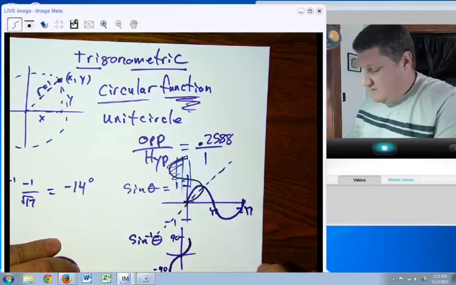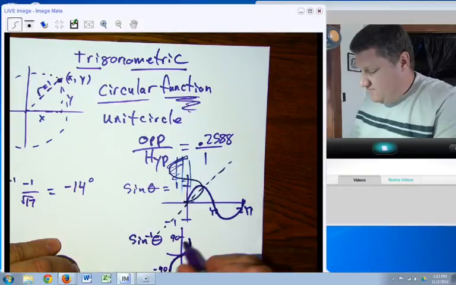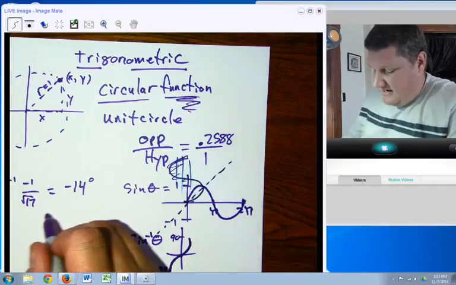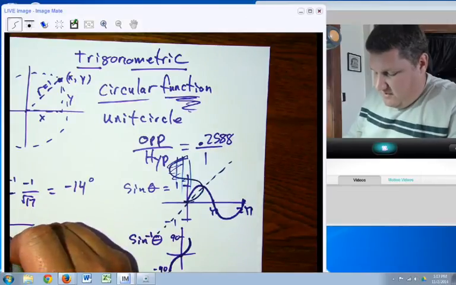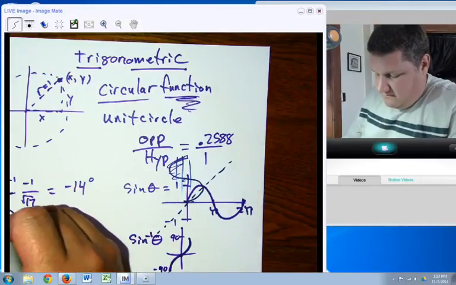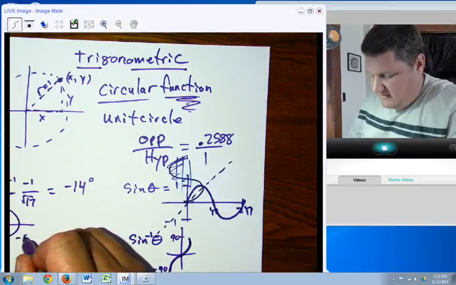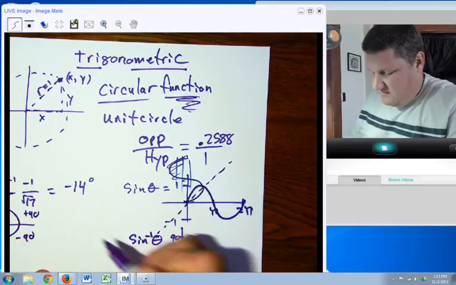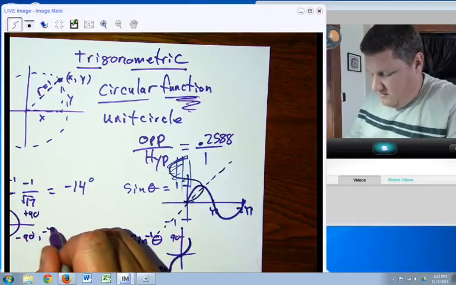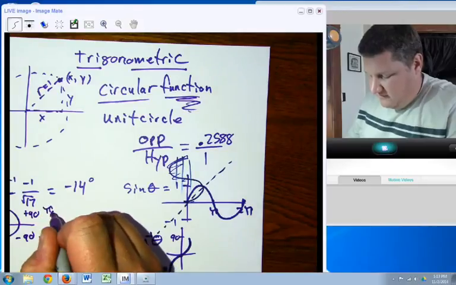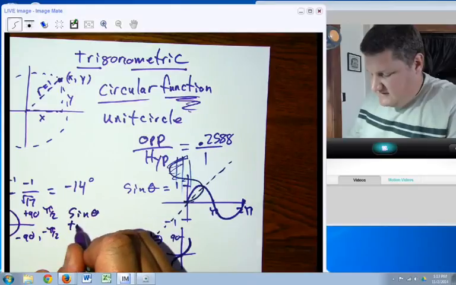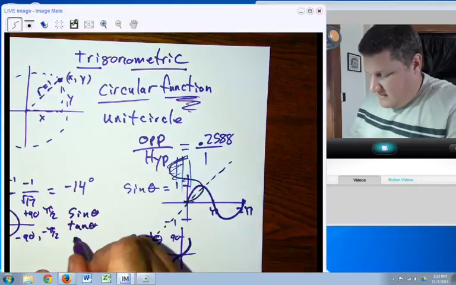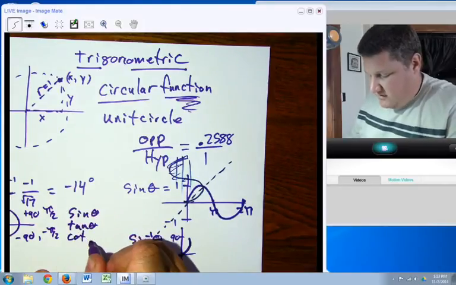So they only take from here to here, which is why anytime you do the inverse, it will only give you values somewhere between -90 and +90, or negative pi over 2 and positive pi over 2. That's true for sine, that's true for tangent, and I believe cotangent as well.